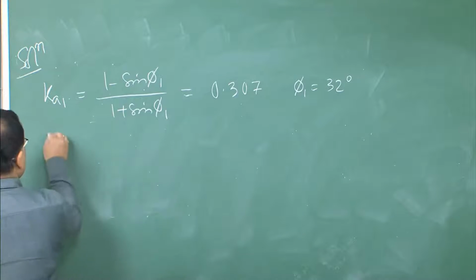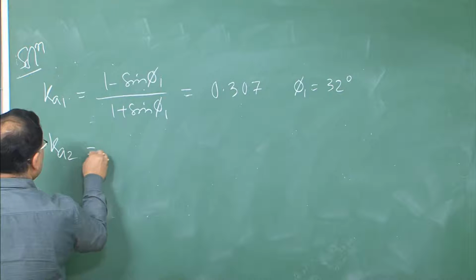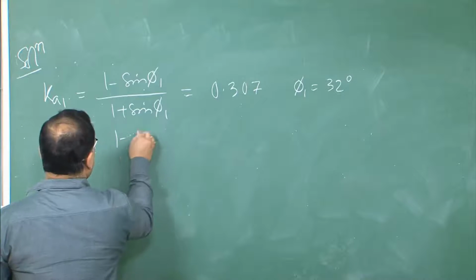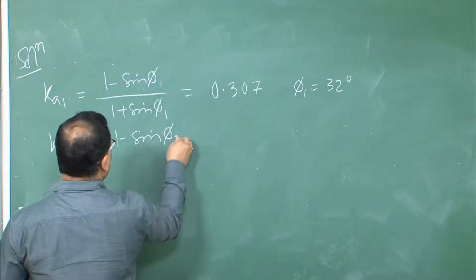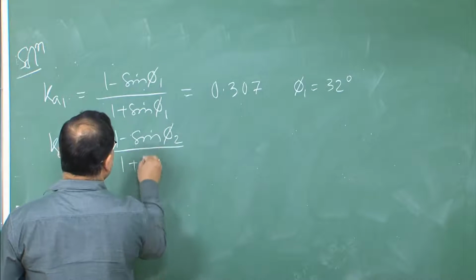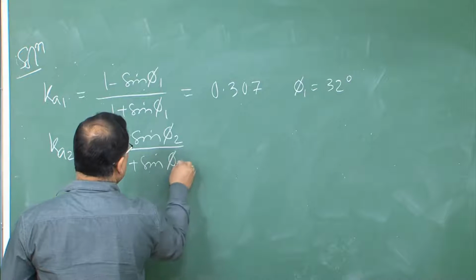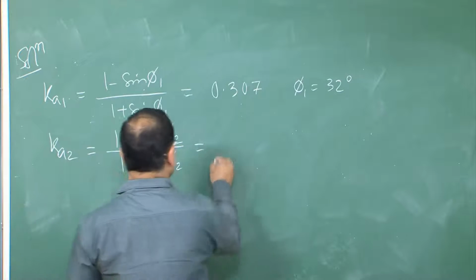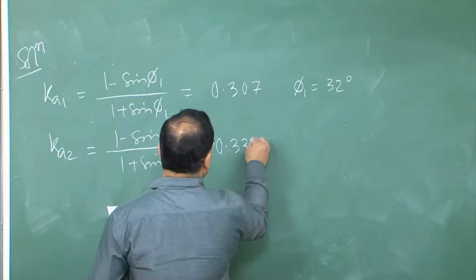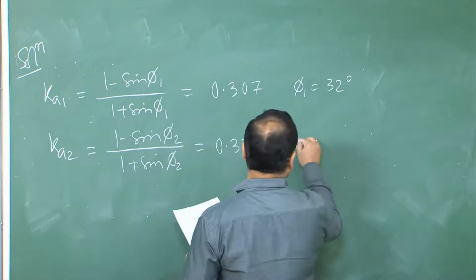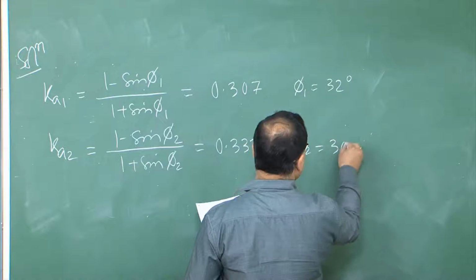Similarly, Ka2 is equal to 1 minus sin phi 2 by 1 plus sin phi 2, which comes as 0.333, where phi 2 is equal to 30 degree.